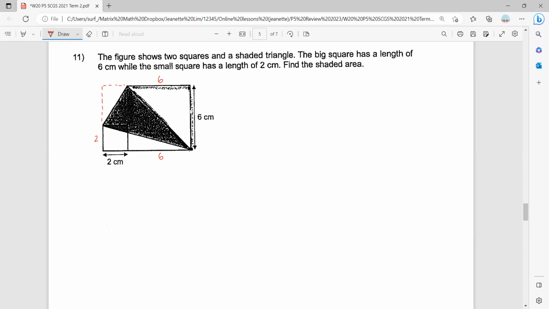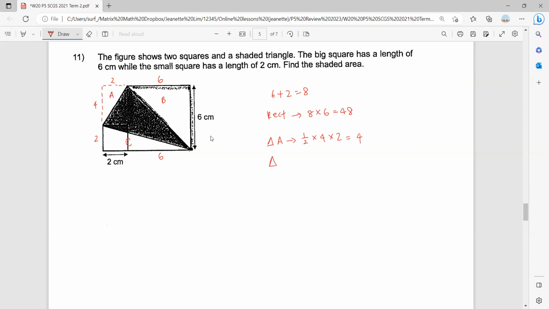Okay, so now I have a rectangle. This is 2 and this is 4. So 6 minus 2 is 4. So first the length of the rectangle is 8. So I want to find the whole thing. 8 times 6. Then now I label this triangle A, triangle B, and triangle C. To find area of triangle A, half times 4 times 2.